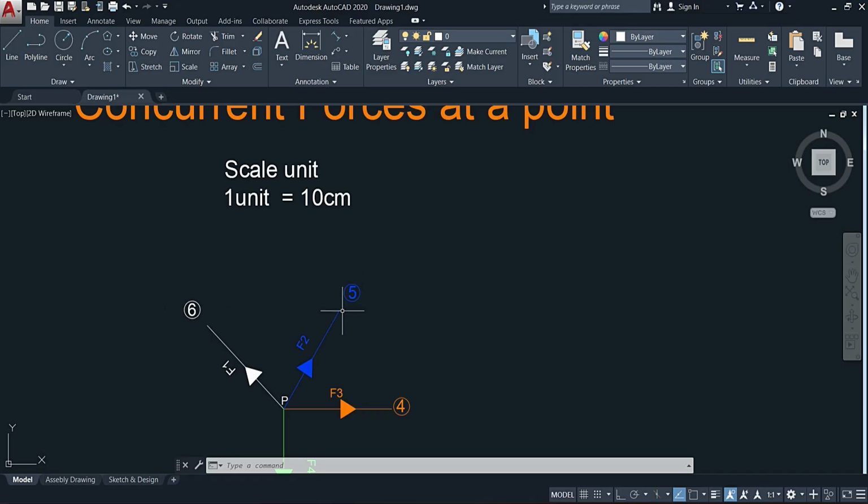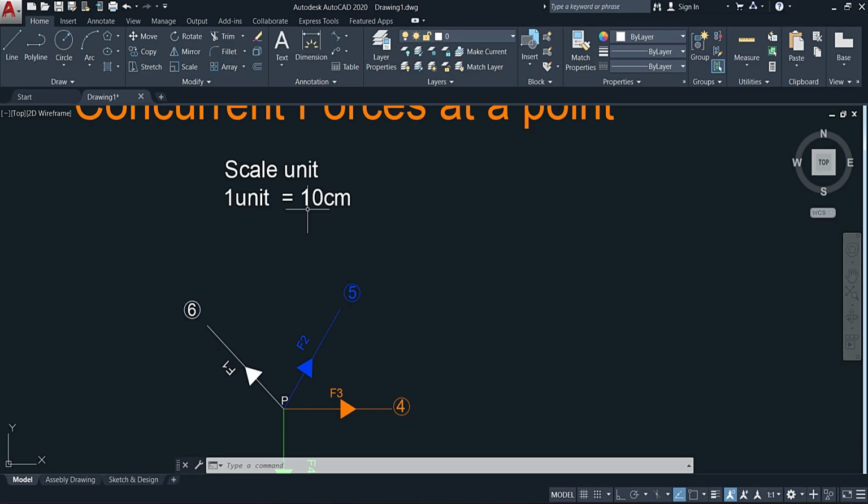Now, that there is represented by this section here. Scale unit, 1 unit. So here we have 6. Now, what does this say? For every 1 unit, that will be equal to 10 centimeter in real life or wherever you're drawing. So for every 1 unit, it means that it's going to be multiplied by 10 centimeter.